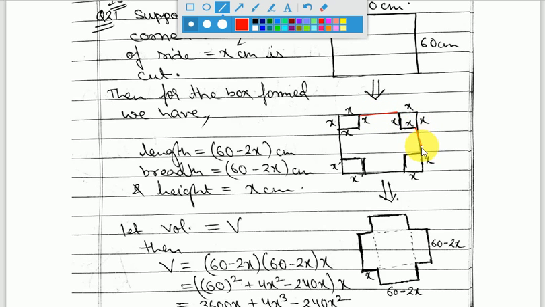Same way here 60 minus 2x, 60 minus 2x, 60 minus 2x. And this portion will be x. So when you turn this, this will be the height, so the height will be x.